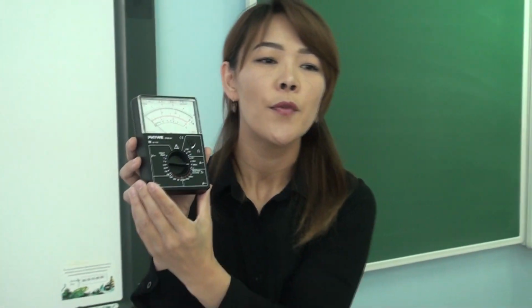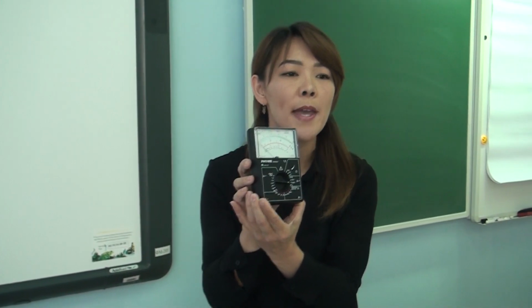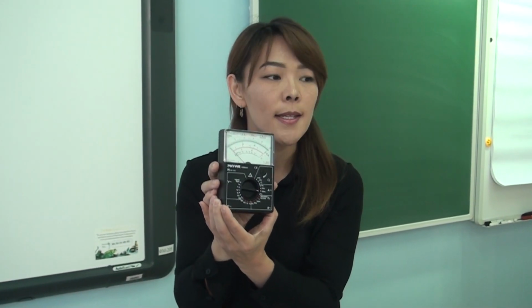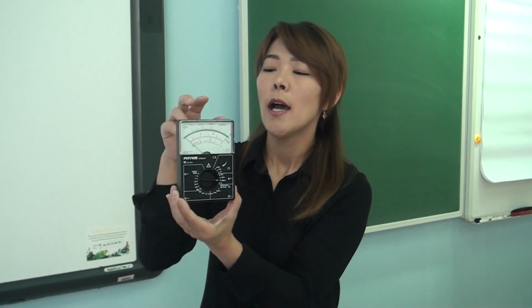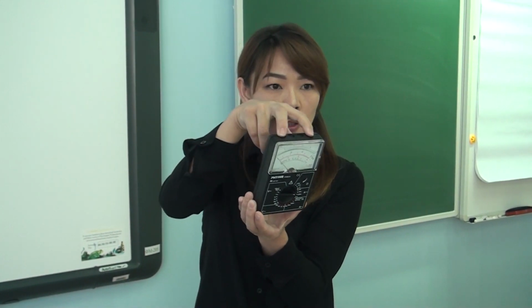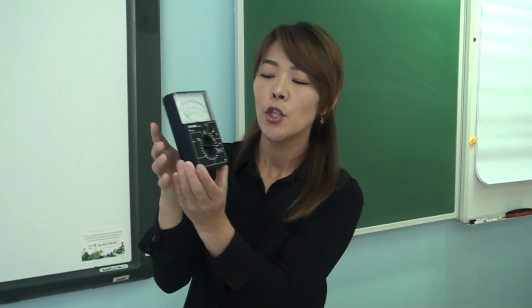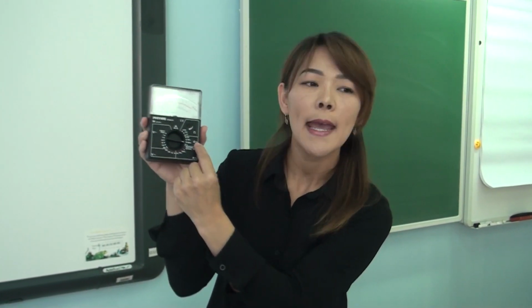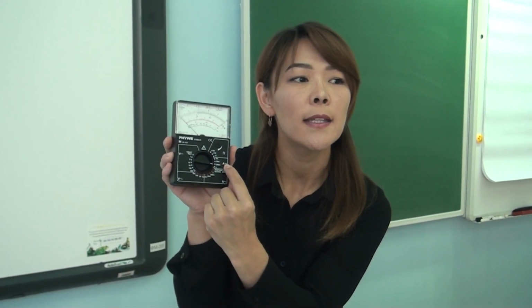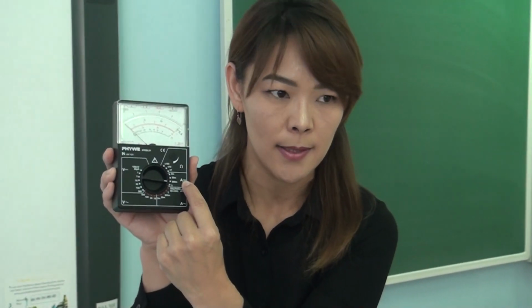How to use them? If you want to measure direct current from a DC supply, you connect your circuit to these dots, then use scale A equal, which means direct current.